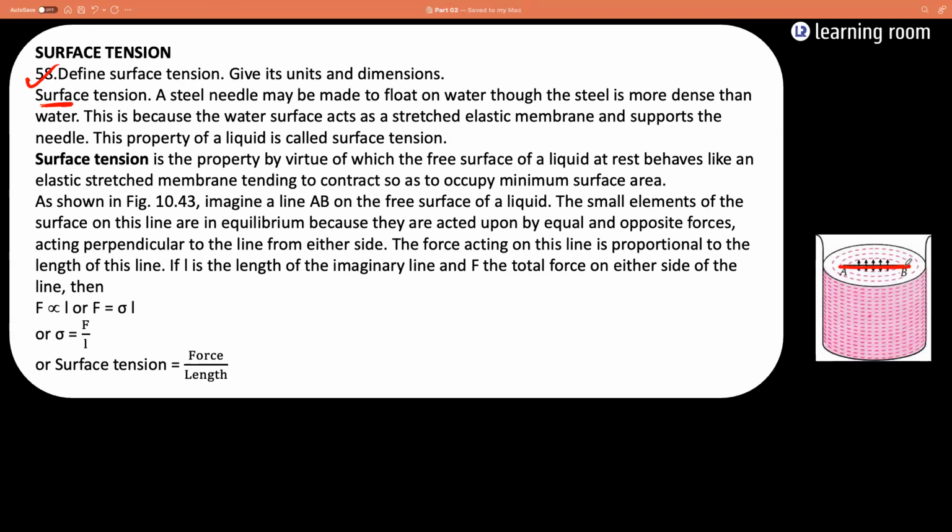So the surface of a liquid always has a property to act as an elastic stretched membrane which tends to contract, such that it always tries to occupy the minimum surface area.